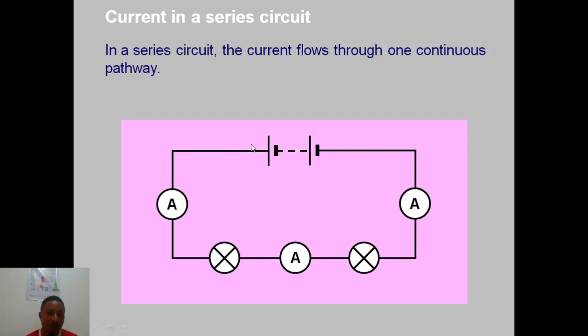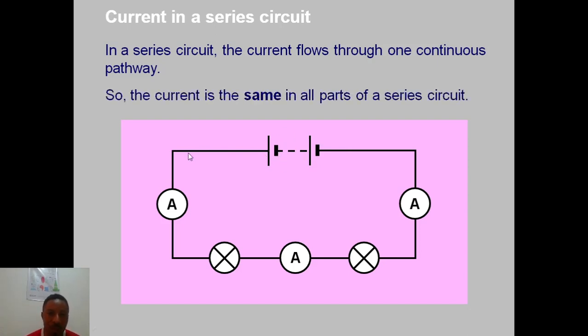So the current will flow through that pipe round back to the pump. Similarly, the current will flow from the battery through a single pathway back to the battery. It means if I'm to measure the current flowing, all I need to do is to connect my ammeter in that same pathway.